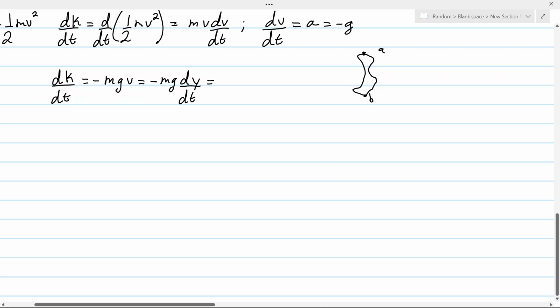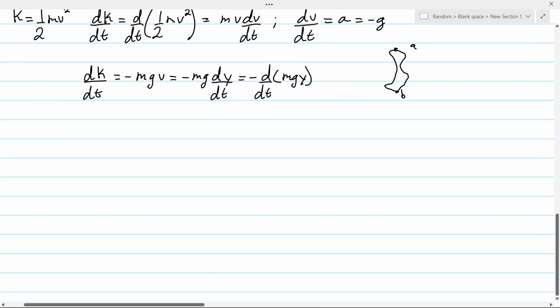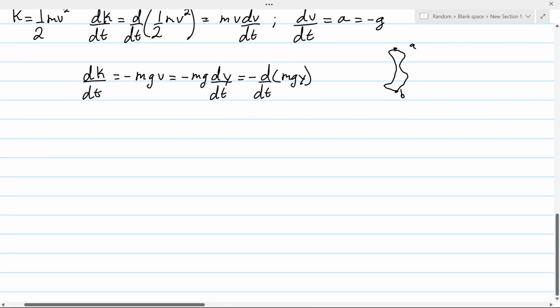Rewriting this equation to make it easier to see, I can write this as the time derivative of mgy. So we can see that the time derivative of kinetic energy is equal to the negative time derivative of some quantity.